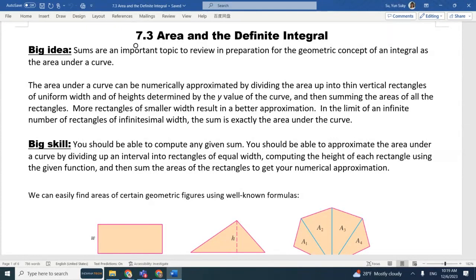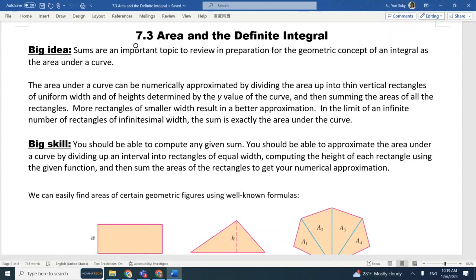Then we sum all the area of all the rectangles. More rectangles of smaller width will result in a better approximation. In the limit of an infinite number of rectangles of very small widths, the sum is exactly the area under the curve.